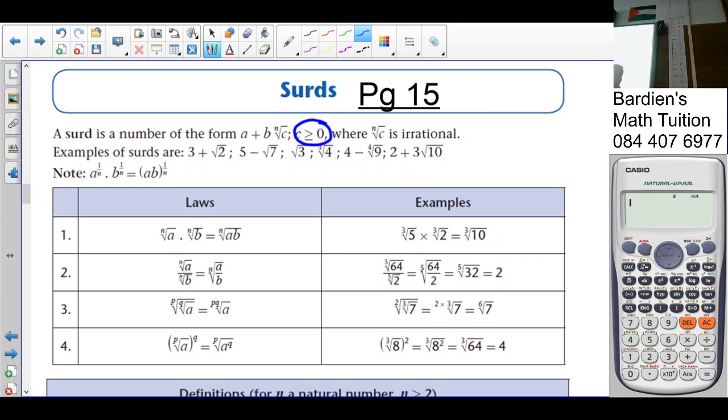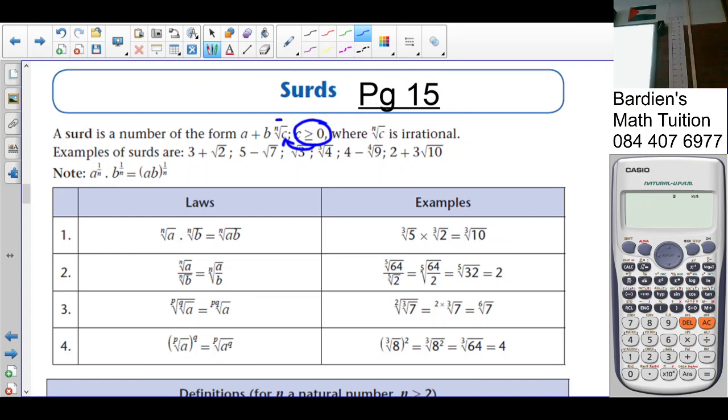When does c have to be positive? If you look at where c is lying under here, you all agree that greater than or equal to 0 means positive. When must that be positive?